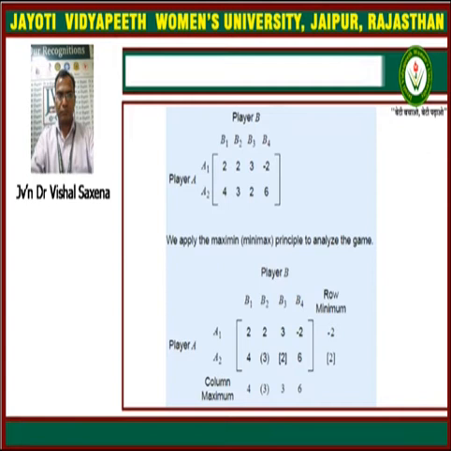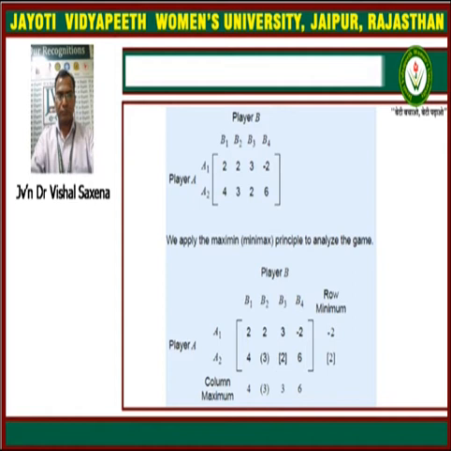The minimum value of the first row is -2, while the minimum value of the second row is +2, while the column maximum values are 4, 3, 3 and 6. These column maximum values are determined for player B, and the row minimum values are determined for player A.